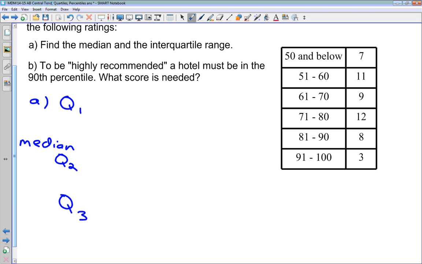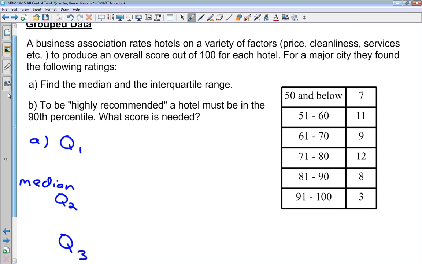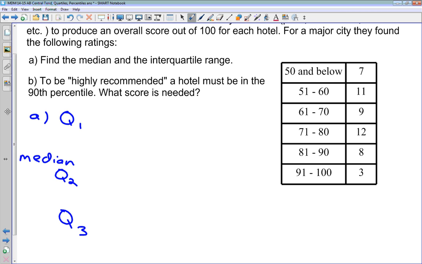If we have a total of, well, how many total numbers do we have? We can add up the numbers that we have in each of our frequency column here, and we figure out that we have a total of 50 hotels that were surveyed here.